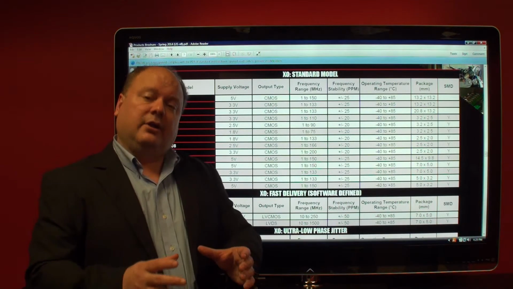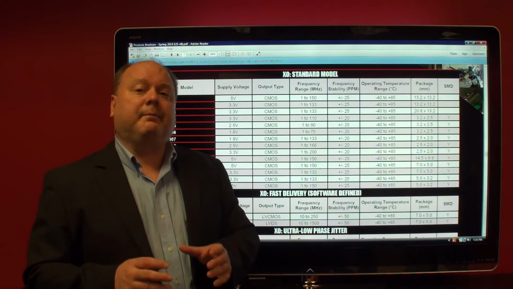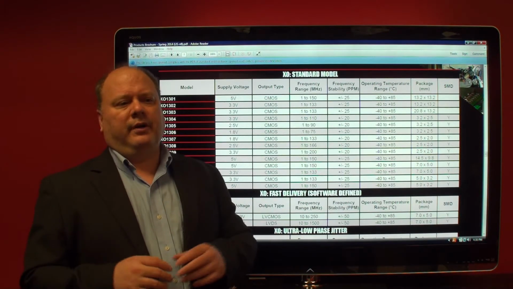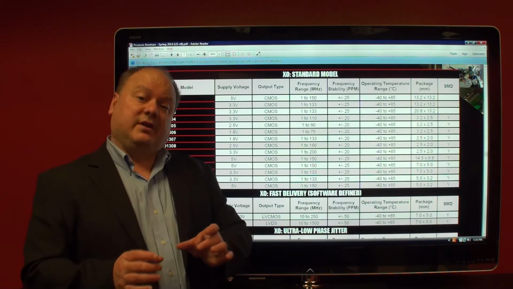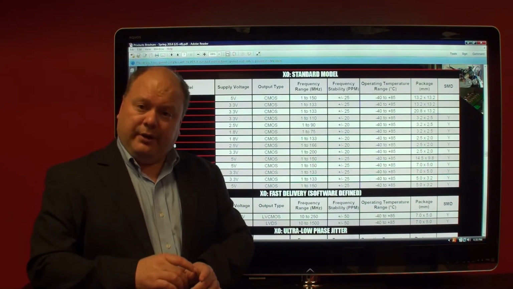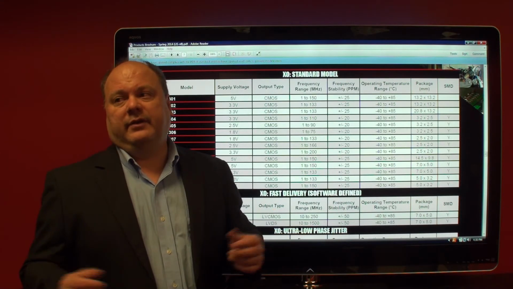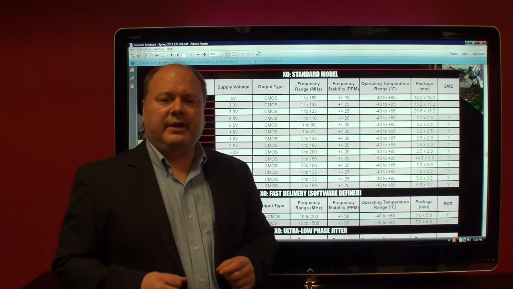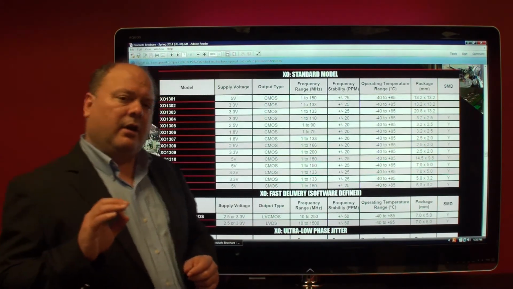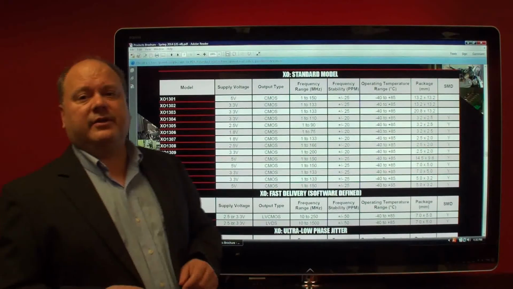If a customer needed an older package, oddball frequency XO, say in a DIP package at 52.7934 megahertz, we would take one of these 5 by 7 modules, put it on a motherboard inside the bigger package, and there you go. We have a design for a clock oscillator reference for a customer. So I would definitely consider our software-defined modules for those kind of opportunities where delivery is the priority.